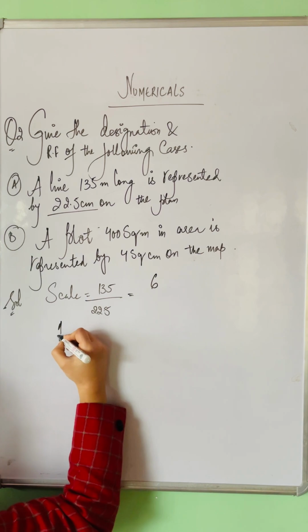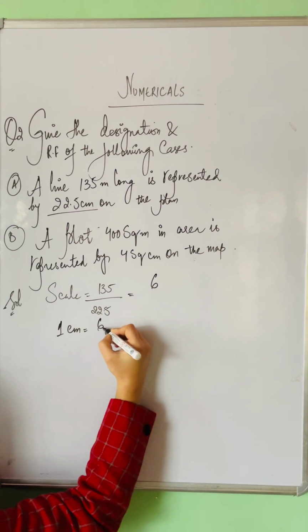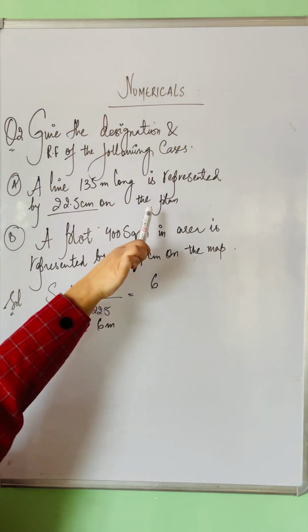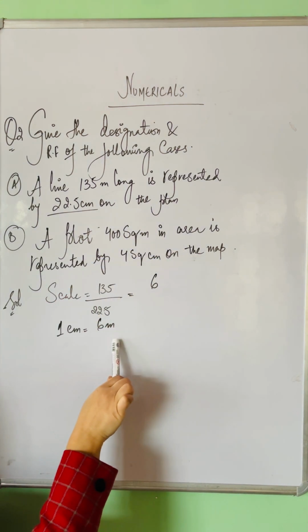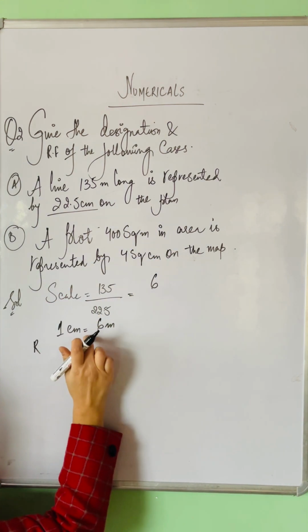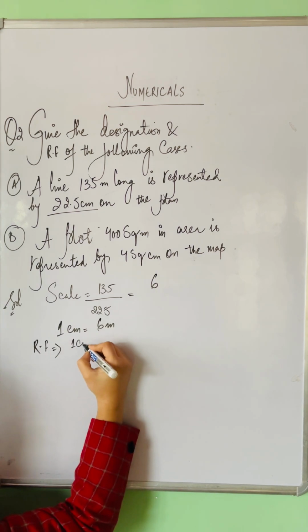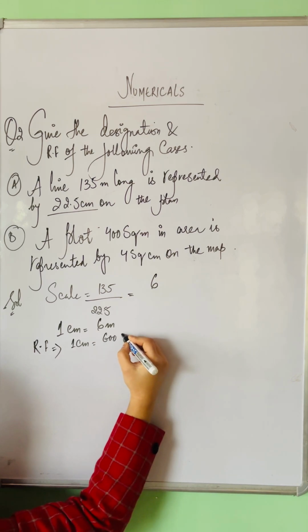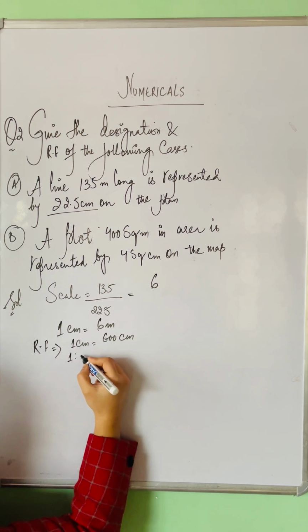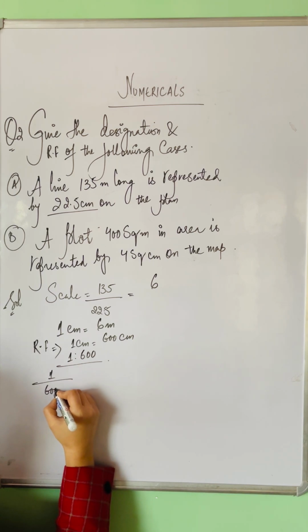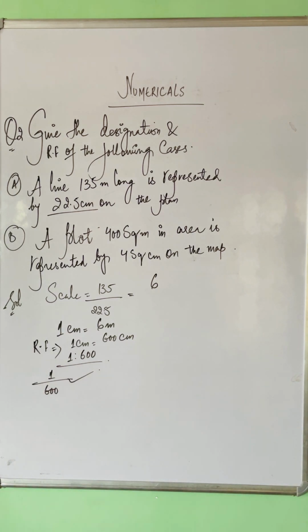That means 1 centimeter is equal to 6 meters on the ground. Every 1 centimeter on the plan represents 6 meters on the ground. So this is engineer scale. So the representative fraction will be 1 centimeter is equal to 600 centimeters, or representative fraction can be represented as this or this. Right?